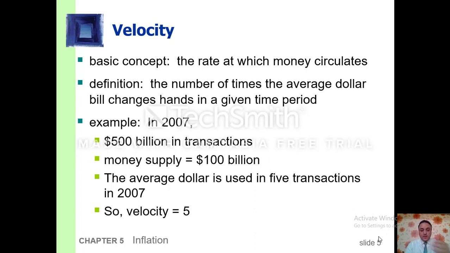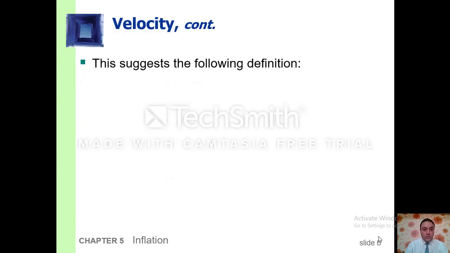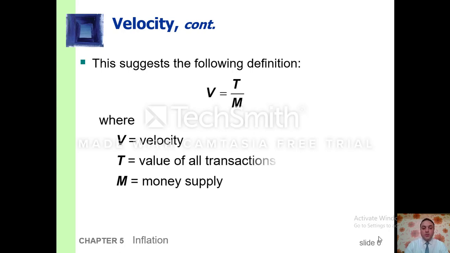So you can simply see, according to the amount of money supply and the transactions, the number of times the average dollar changes hands in a given period of time. This suggests the following definition: velocity V equals T over M, where V is velocity, T is the value of all the transactions in an economy, and M is the money supply.